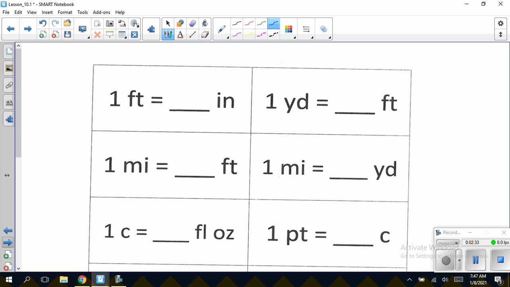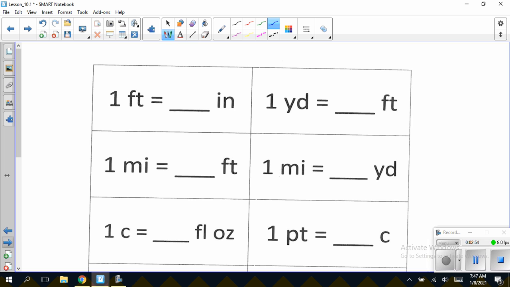I'll go ahead and write the answers in for you so you can fill these in with me. You may want to pause it, print these out, and then start the video back up in order to get these answers. These answers are also found in lessons 10.1, 10.2, and 10.3.